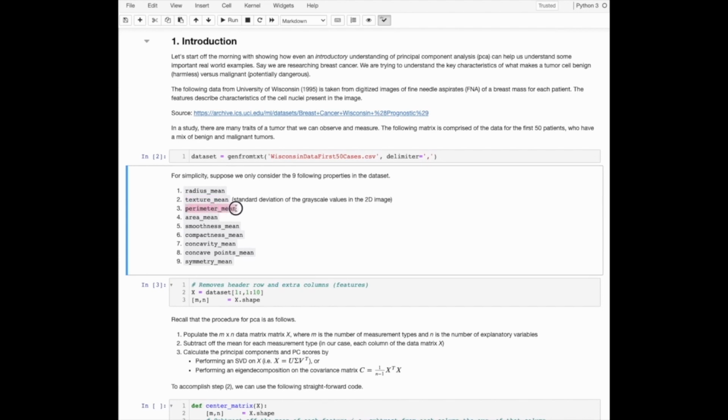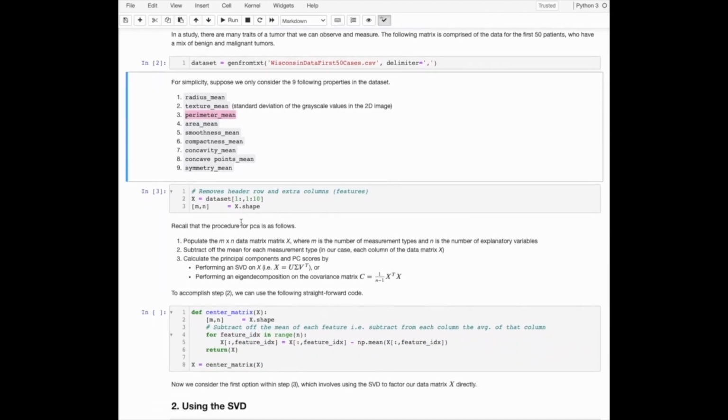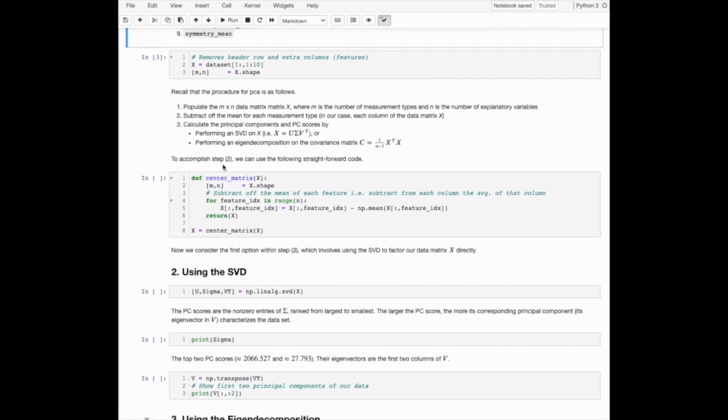Recall that the PCA procedure is as follows. First, we populate the data matrix, or the design matrix, capital X, with m measurements of n total explanatory variables. Then we subtract off the mean for each measurement type, in our case, each column of the data matrix X. And then we have some choice.